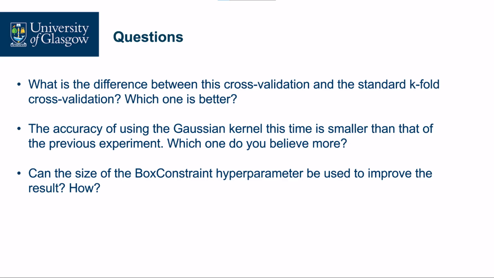For the first 2 questions, I think you can answer them using the knowledge that we provided in this week or previous weeks. And the third one, I didn't cover it yet, so now I can tell you the answer. The answer is that yes, we can still use the box constraint to improve the result.